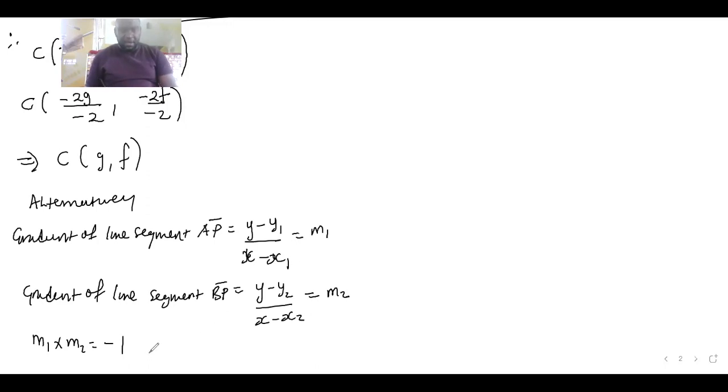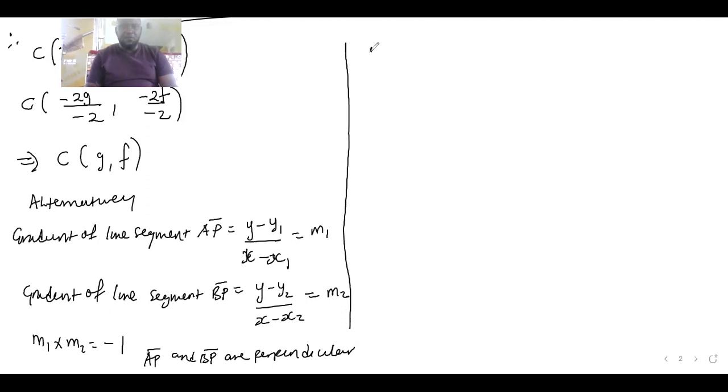Since AP and BP, we have seen they are perpendicular, we shall have (y minus y1) over (x minus x1) multiplied by (y minus y2) over (x minus x2).